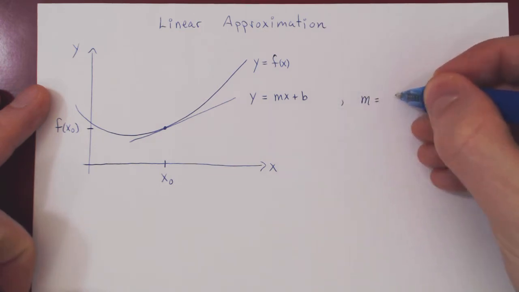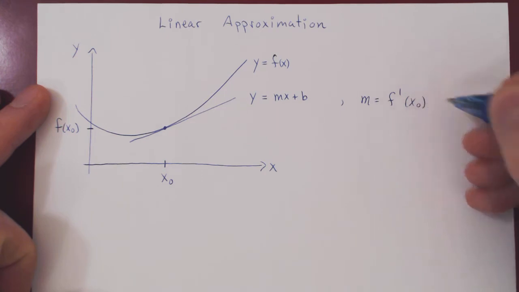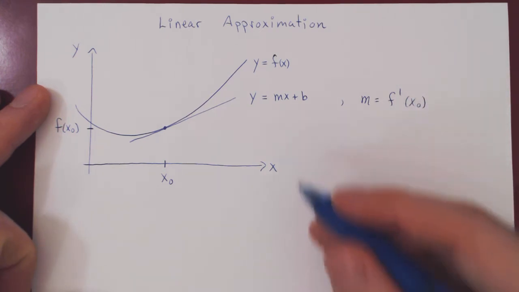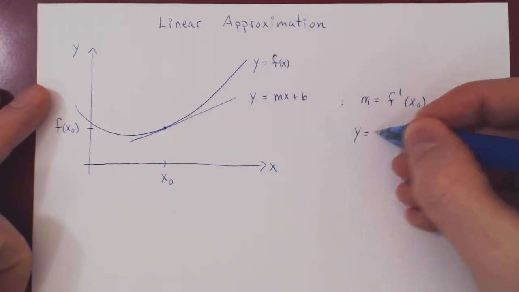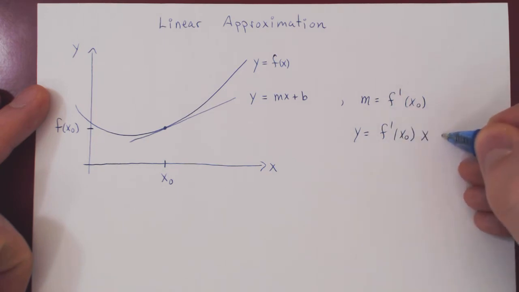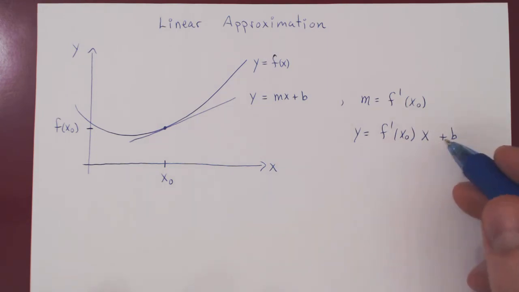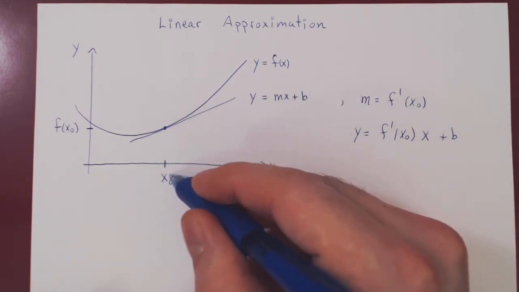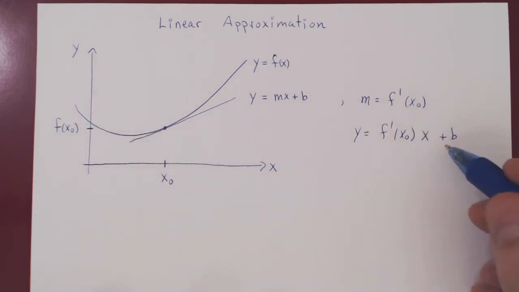So m is quite simply f prime, the derivative of the function at the point of tangency being x0. Well, let us now solve for b. So at this point the line becomes y equals f prime of x0 times x plus b. But we can use the fact that the line passes through the point x equals x0, y equals f of x0 to solve for b.